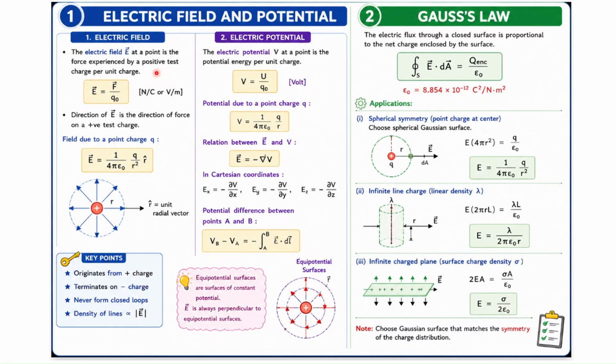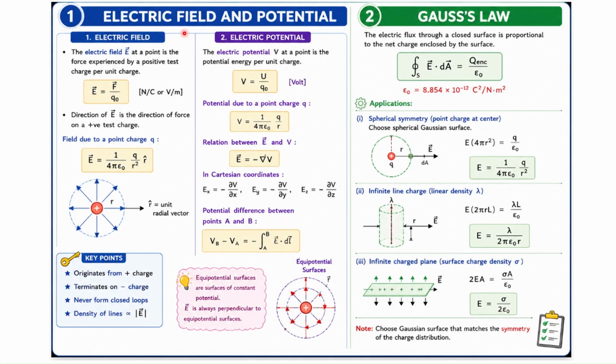We will define electric field, link it directly to the concept of voltage or electric potential, and then master one of the most important tools in classical electromagnetism, that is Gauss's law. So for today, let's start with electric fields and potentials.